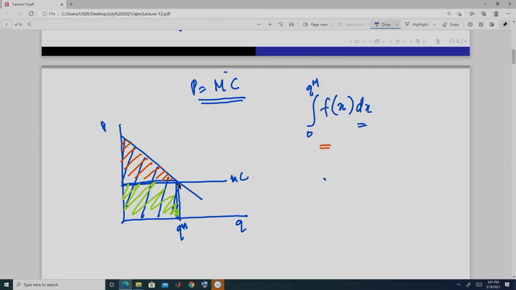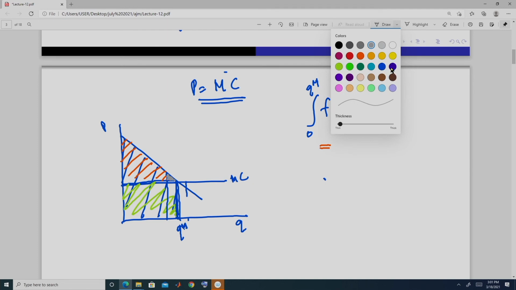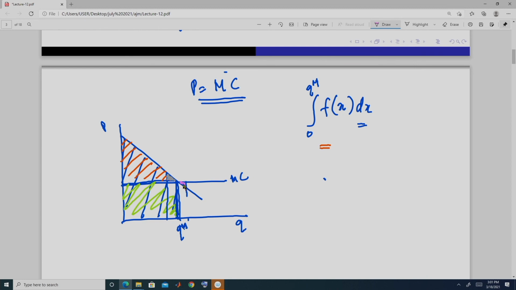So, we know if the output is this, then if we produce more than this here, we are making a net loss of this amount. If we are producing less than this amount here, then we are foregoing this much gray amount of surplus. So, that is why it is not Pareto optimal. We can produce a little bit more and generate this much surplus, and if we are producing more than this, then we are making a loss of this pink amount.